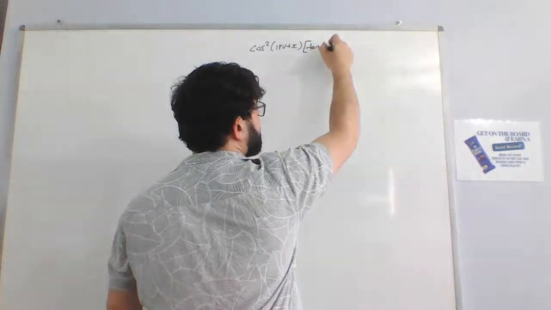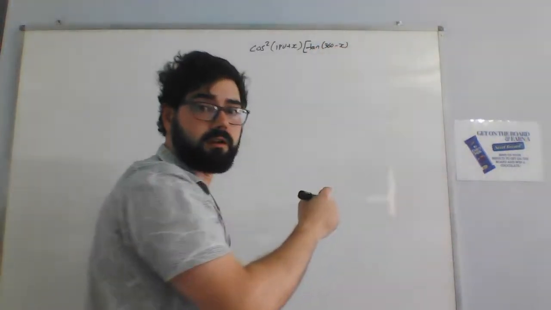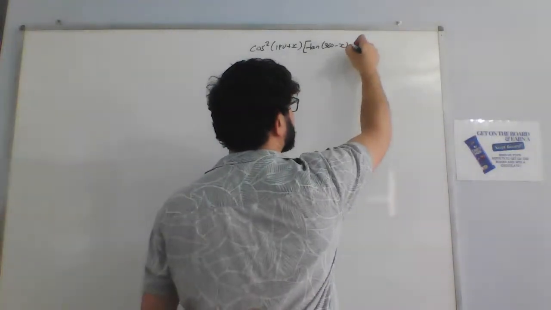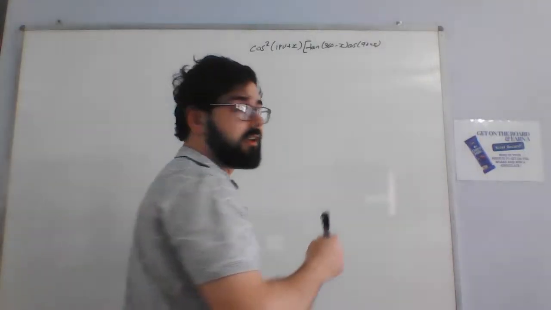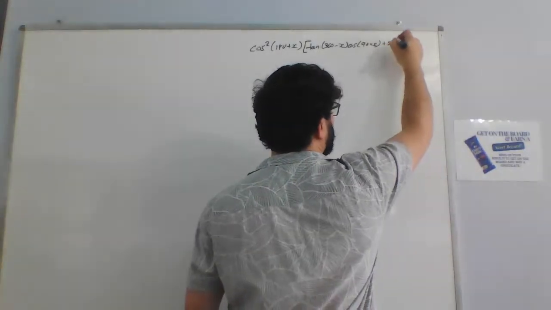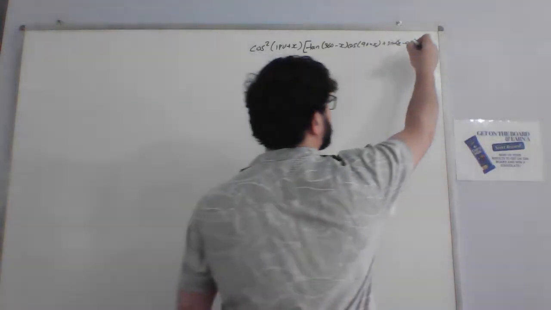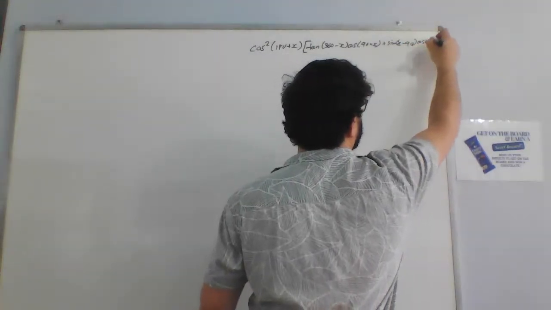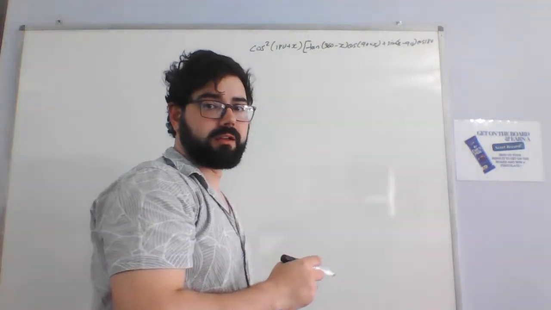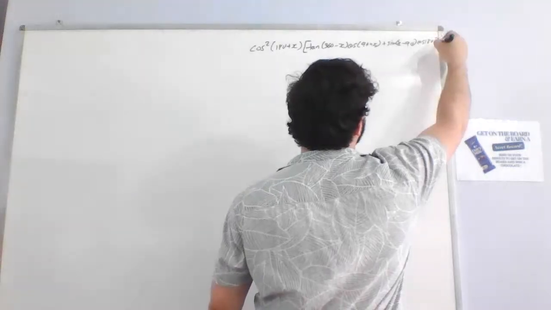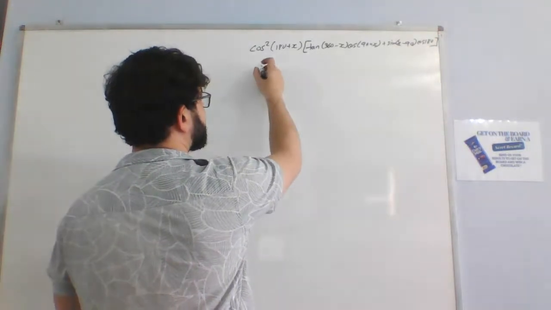So tan of 360 minus x, cos of 90 plus x, and sine of x minus 90. And then lastly, cos of 180. Okay, so this is probably not going to end up being a compound angle contraction because of that cos 180 on the end. But anyway, let's just see how it goes.